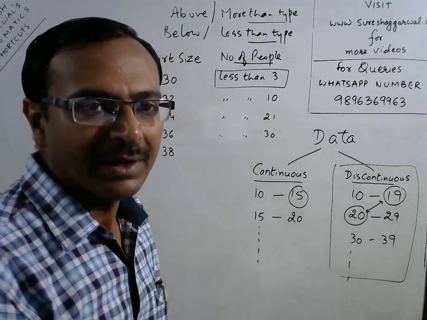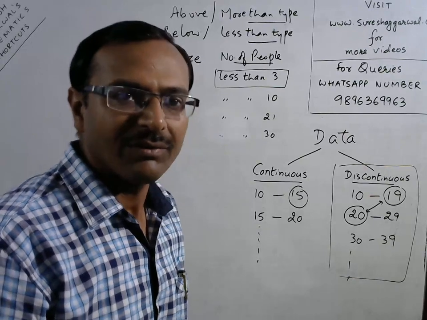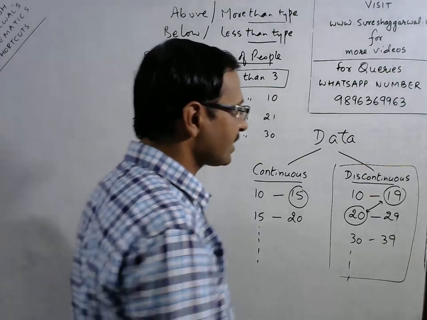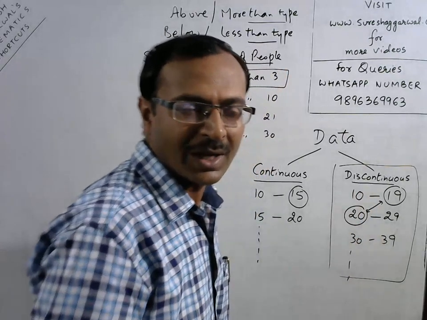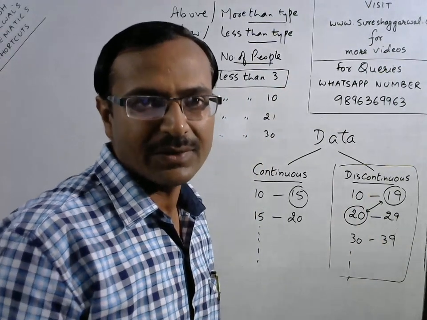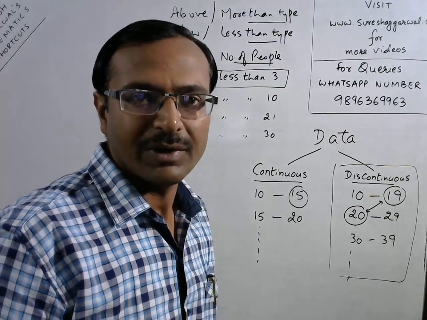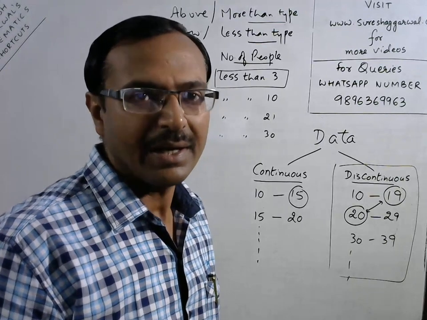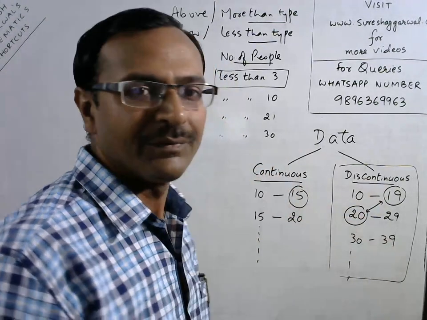Now, what do you do when there is a question which involves discontinuous data? Obviously, whenever the question involves discontinuous data, you need to convert that data into continuous form.